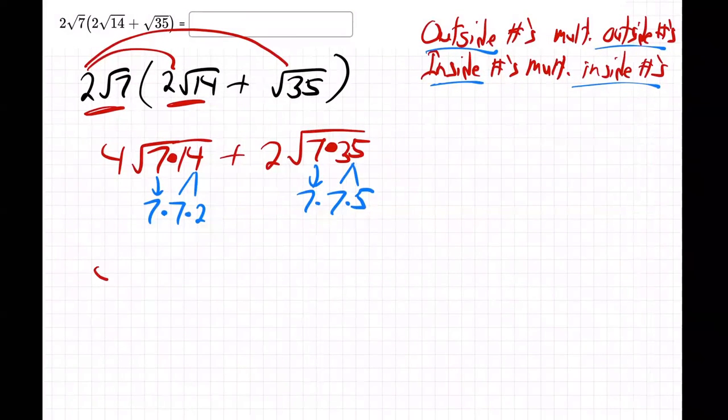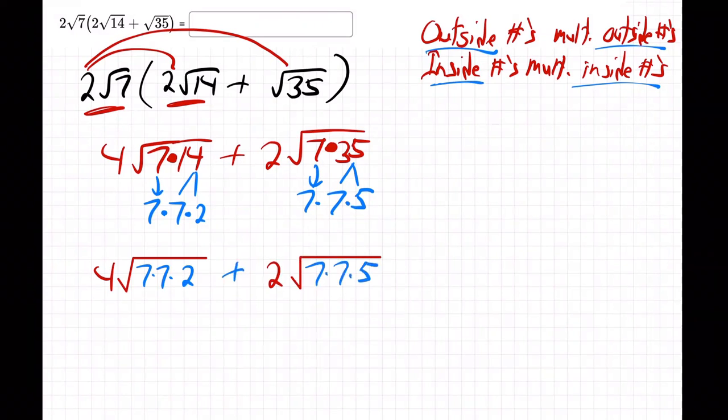Okay, so what do we got here? We've got 4 square root of 7 times 2, plus 2 square root of 7 times 5. All right, so now it's a 2 for 1 ship out. You know the deal here.